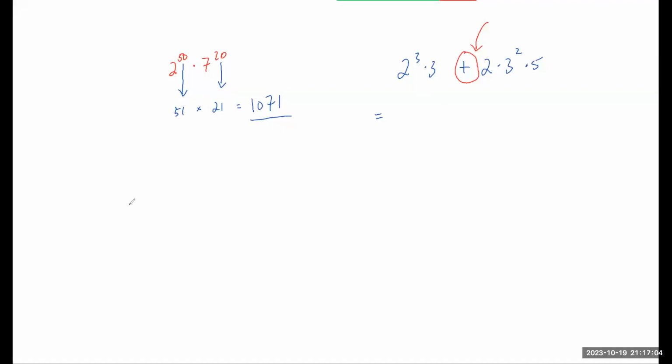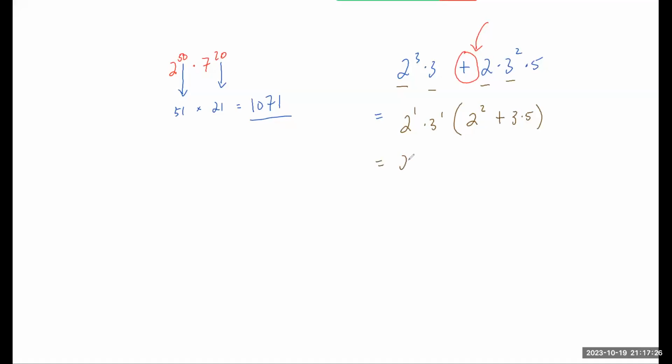So that means I need to look for things that are in common. And so in common, I see 2s and 3s. So 2 to the first is the biggest one I can get out of both of those. And 3 to the first, that's again the biggest I can get out of there. And what remains then is a 2 squared plus 3 times 5.